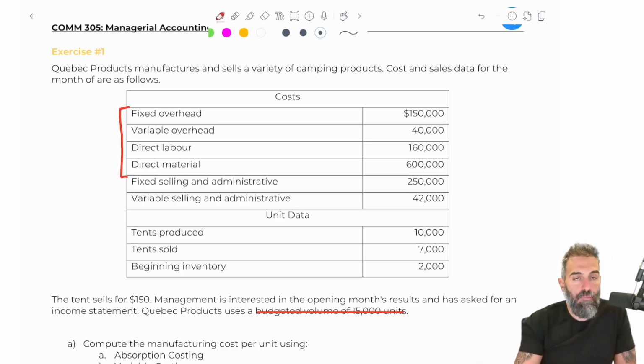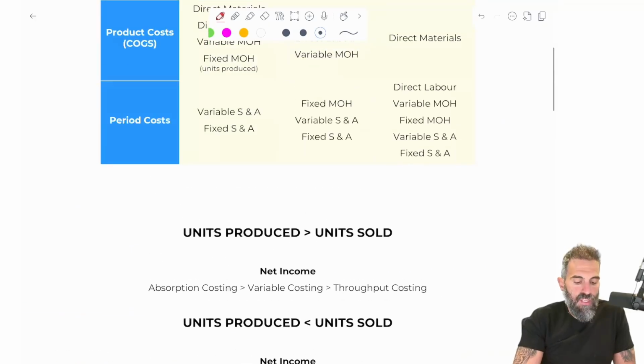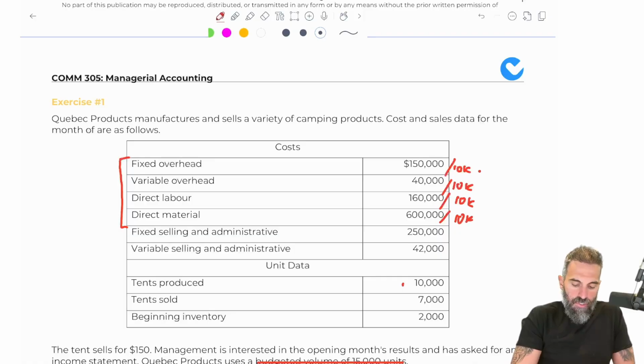But if they're not, you have a reminder right here: always base it on units produced. So you want to take all four of those and divide them in this case by 10,000 units. That means you have $15, $4, $16, and $60. This is your per unit number.